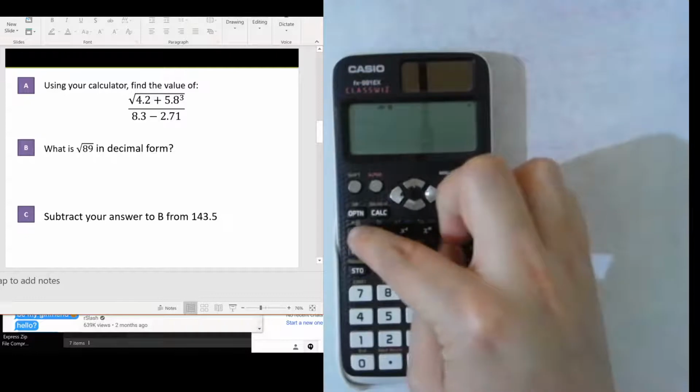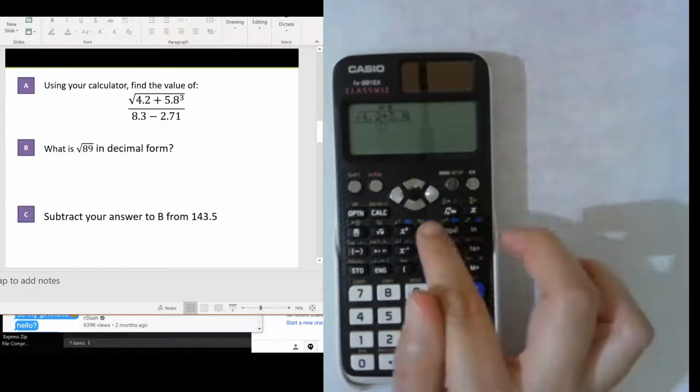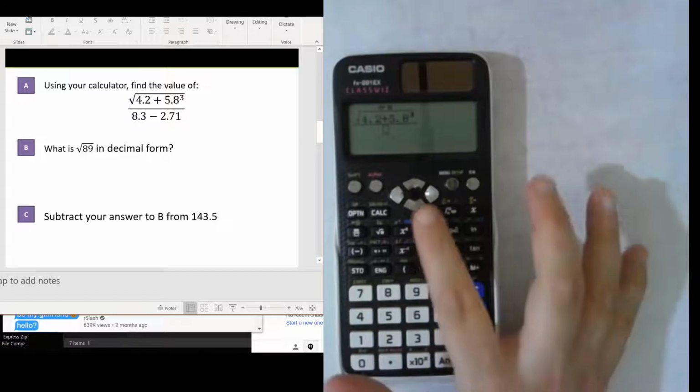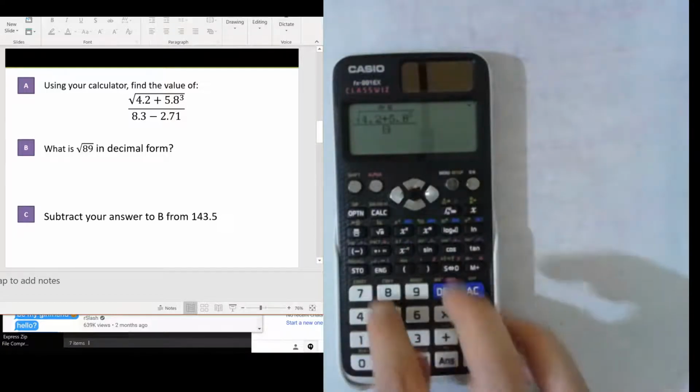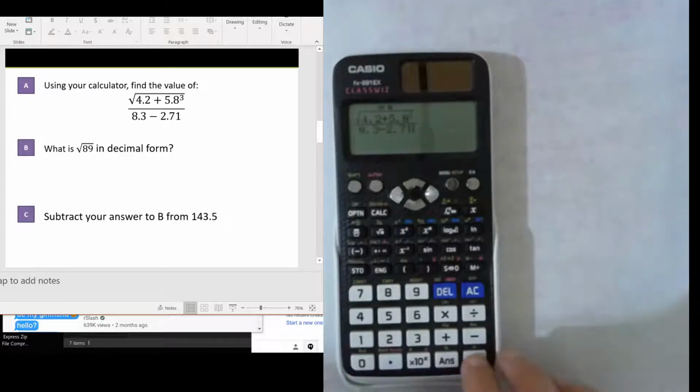So what you want to do is press the fraction key first and then press the square root, and then you get the 4.2 plus the 5.8 cubed, okay? And then at the bottom, just put the 8.3 take away the 2.71. And then it will give you that answer, and then you're able to answer from there.